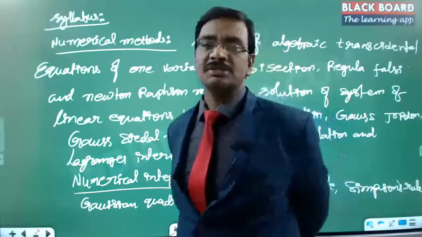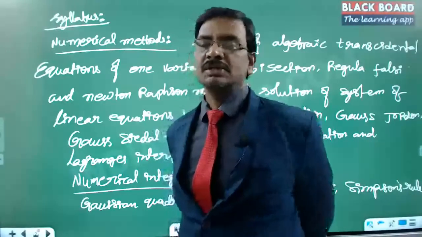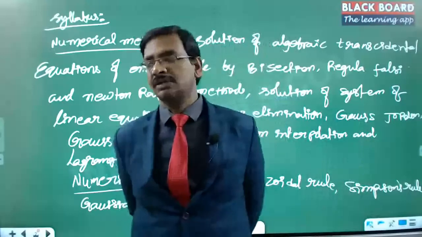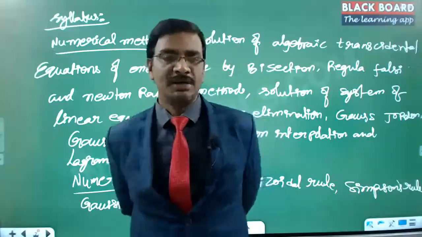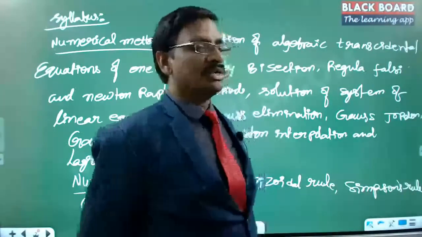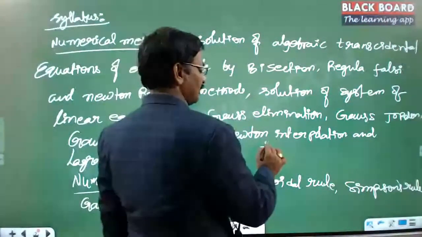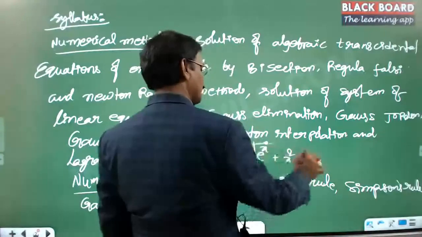That is an equation because there is an equal to sign. This is a quadratic equation, and we know how to solve it. But if the equation is in a different format, let us say e^x + x^2 = 0, and I ask you to solve this equation.